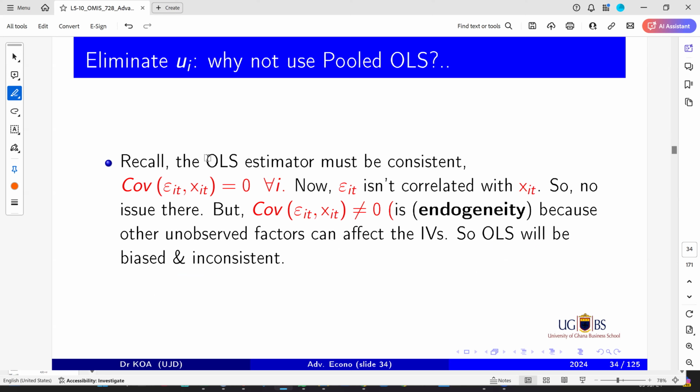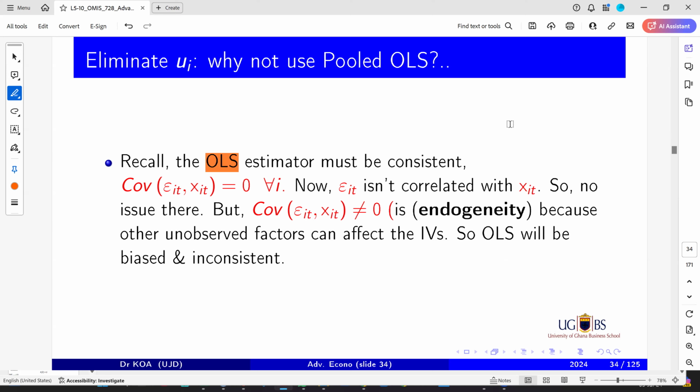Now, if you can remember the OLS itself, okay, it is consistent if the covariance between the errors and the regressors is zero. That is no endogeneity. Okay. That is if the errors are not correlated with the independent variable. So there's no problem there. But if they are correlated, that is if there's endogeneity, and the reason why there's endogeneity is because there are some unobserved factors that are correlated with the regressors.